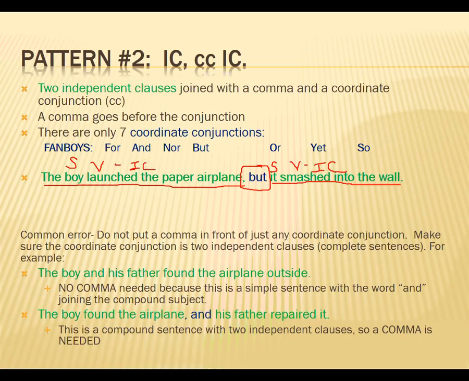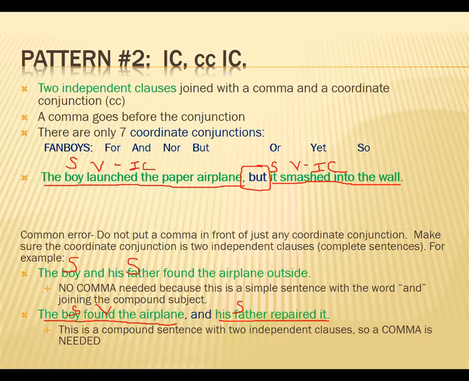The word and is just joining the compound subject. So I do not need a comma. If I look at the second sentence, the boy found the paper airplane and his father repaired it. In this situation, I do need a comma because I am connecting two independent clauses, connecting two complete sentences.